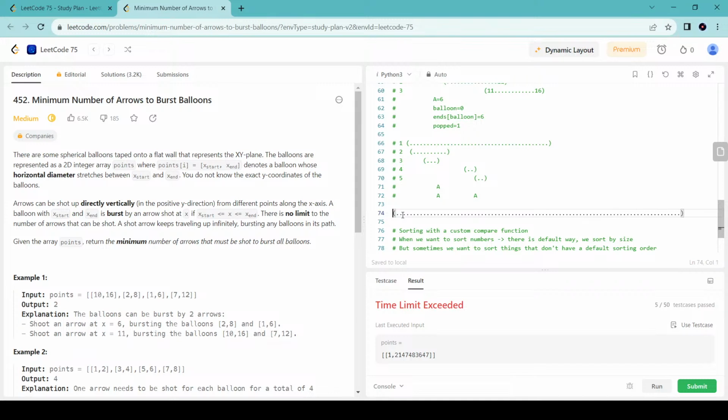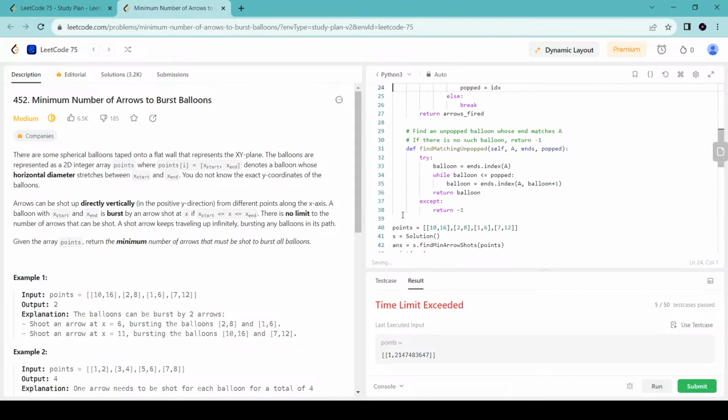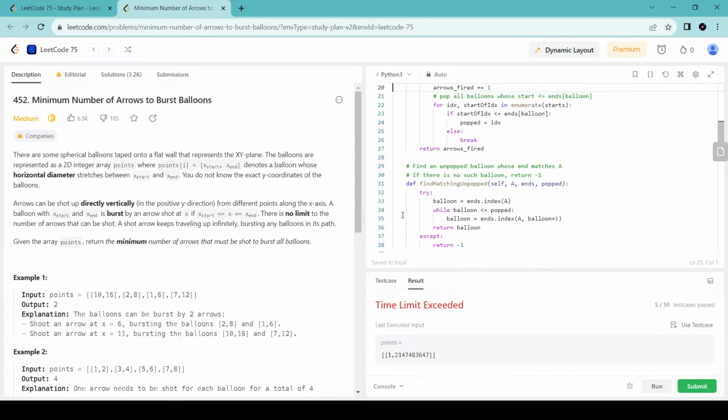This is a massive balloon, and because our algorithm moves the arrow one space at a time to keep going, it takes a very long time for us to get all the way to the end, and so our algorithm times out. So what we want is something that is a lot quicker. We want something that scales only with the number of balloons and not how wide the balloons are.